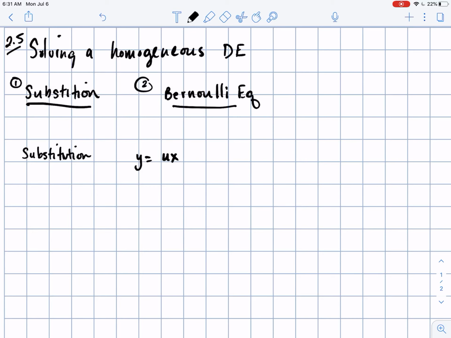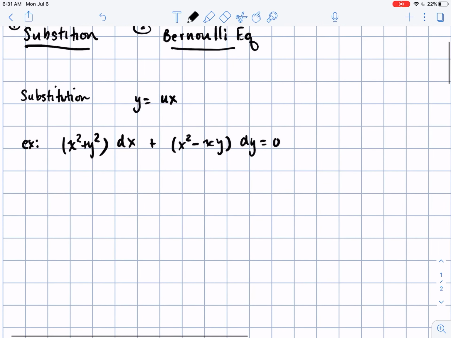Okay, so let's do an example here where we have x squared plus y squared. Now, if you look at the example in the book, they're just going to substitute y equal to ux into this equation.